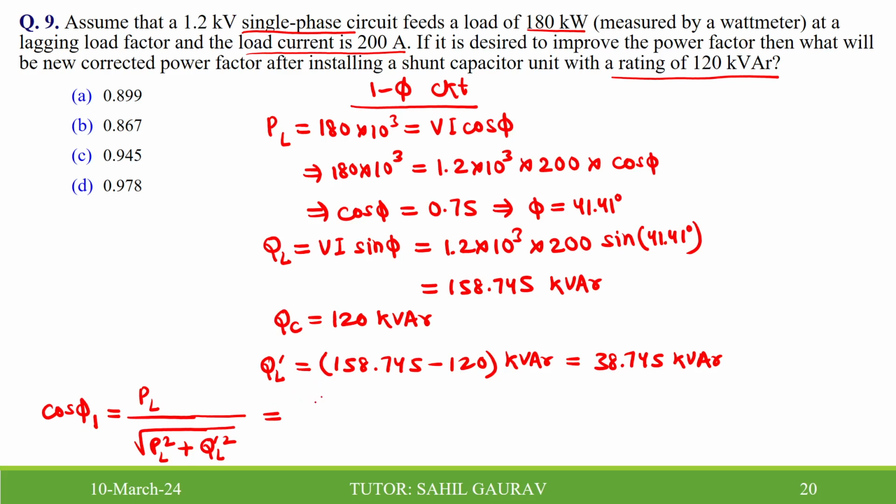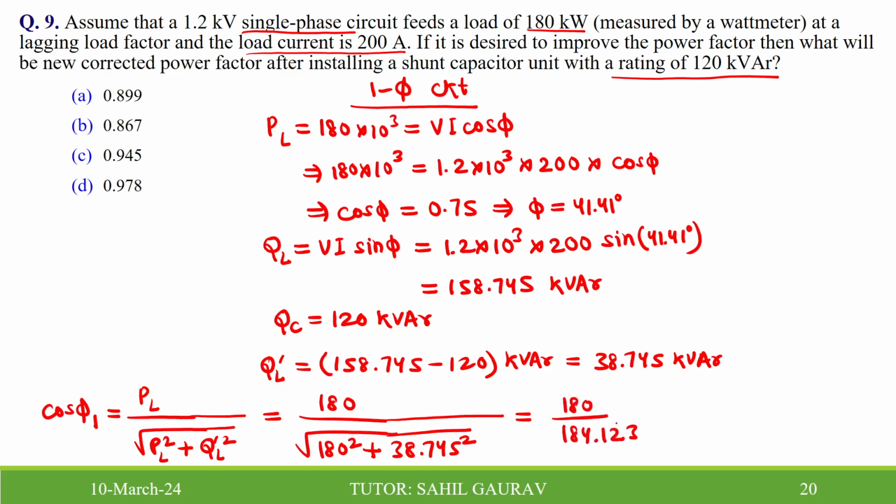So cos phi 1, PL is 180 kilowatt, under root of 180 square plus QL dash 38.745 kVAr square. So it is 180 divided by 184.123. So this will give you 0.9776, approximately 0.978. So D is the correct answer.